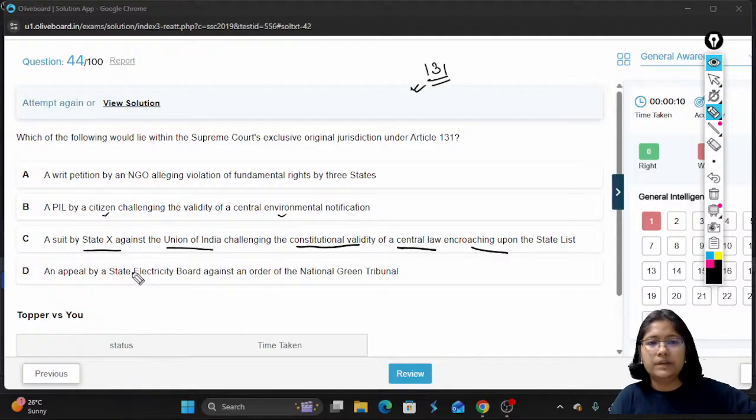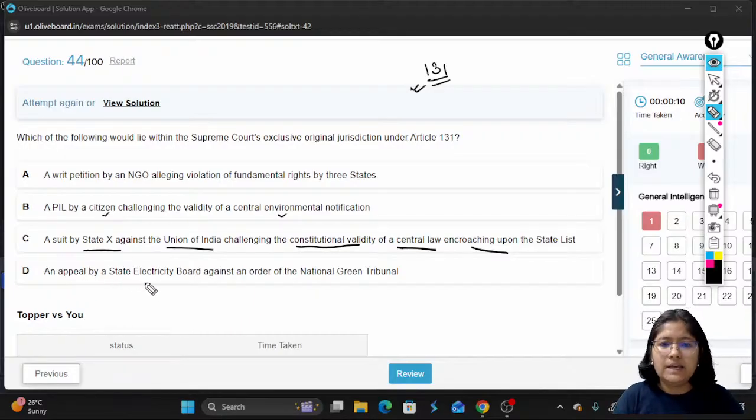Okay, sorry about that. Okay. An appeal by a state electricity board against an order of the National Green Tribunal.